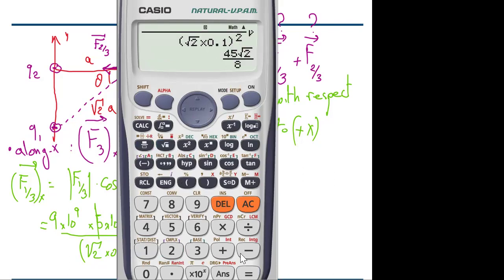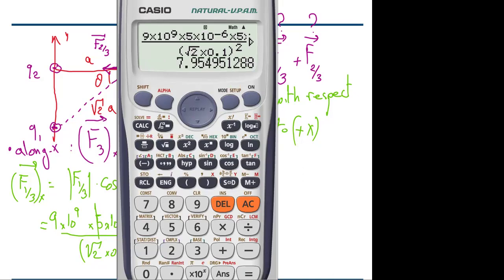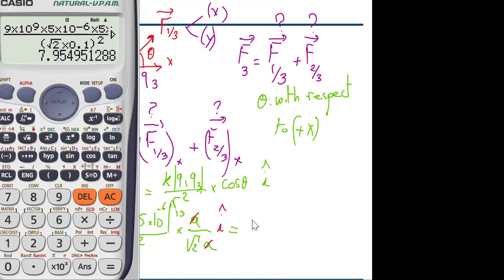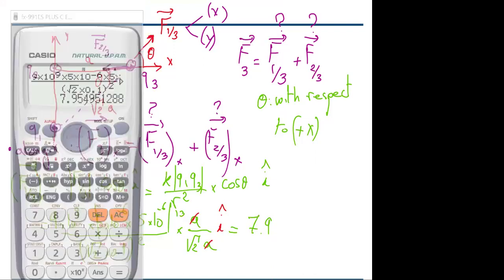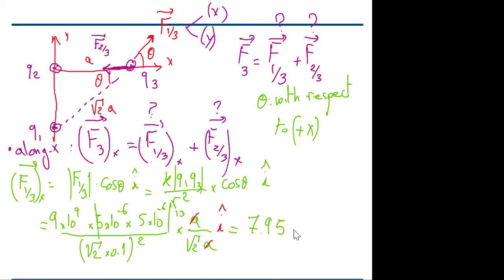And our result is 7.95 i Newton. So this is the x component of the first vector.